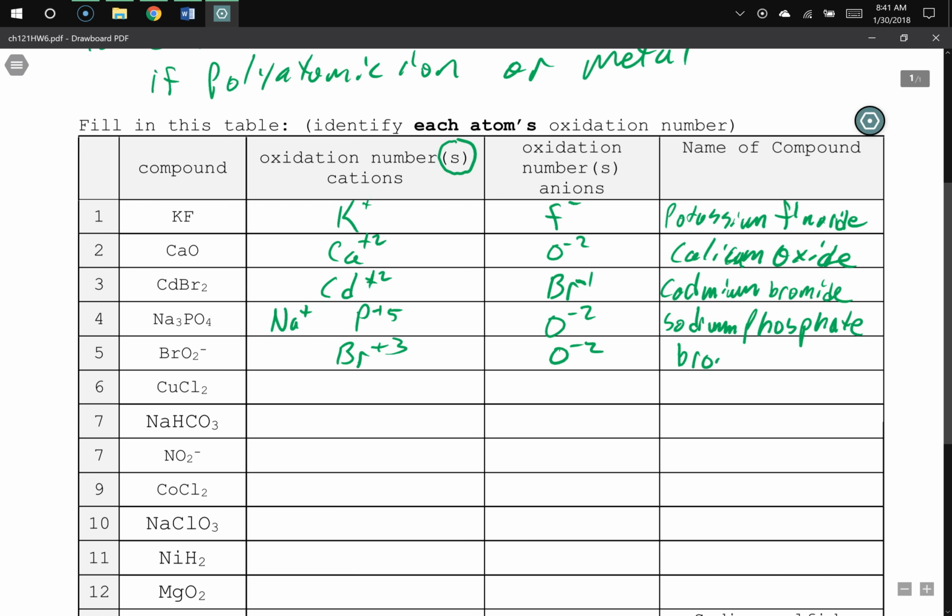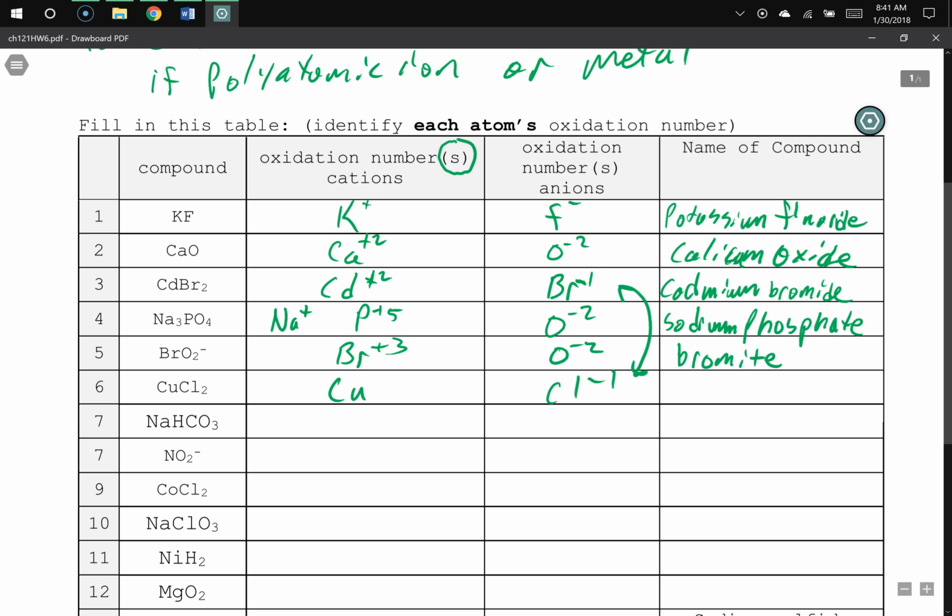Bromide. This is one of the polyatomic ions, bromide. Okay, next one. Cation: copper. Anion: chlorine. Charge on the copper? I don't know. Charge on the chlorine? -1. It's the same thing as the bromine because they're both halogens.